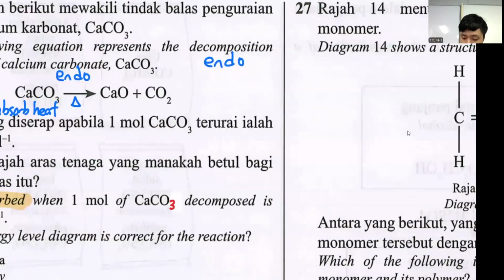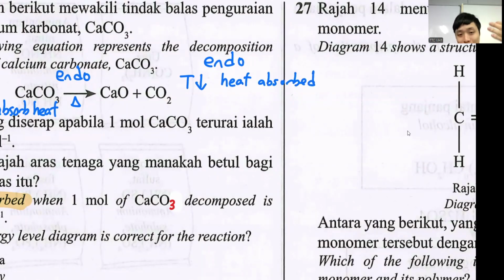So they give, okay, the surrounding temperature decreases, becomes cold. Heat is absorbed. And remember, the energy level diagram is like this, because the reactant has less heat energy compared to the product.